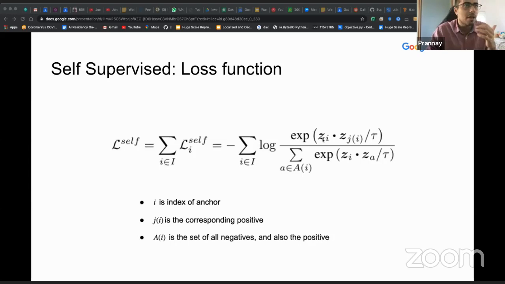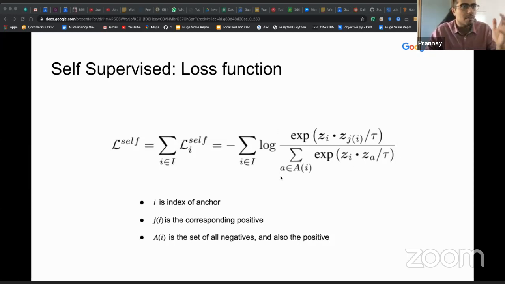So Z_i is the embedding corresponding to sample i, and Z_j(i) is a data augmented version of a given sample in the batch, and you have the similarity between them as Z_i · Z_j(i). This can be generalized to arbitrary kernels if you want to, but in most cases, since you already have a projection network, you can assume that a kernel is being learned by that projection network. And then basically you exponentiate and you come up with this likelihood term.